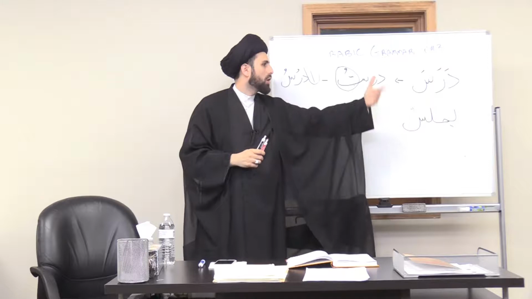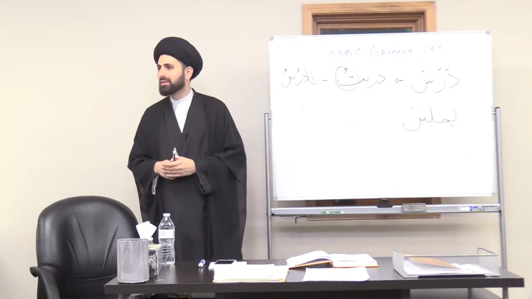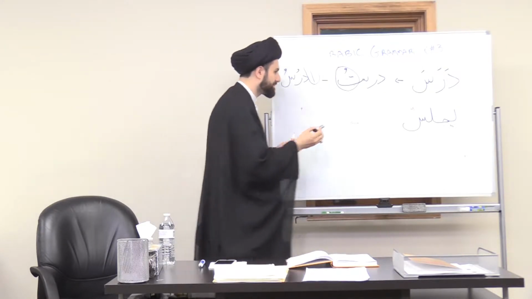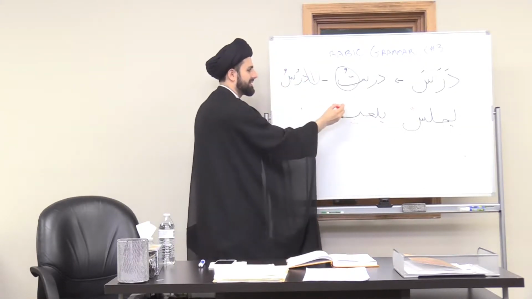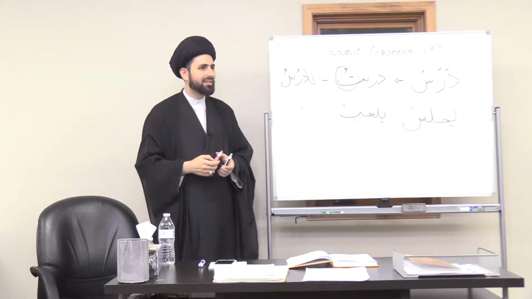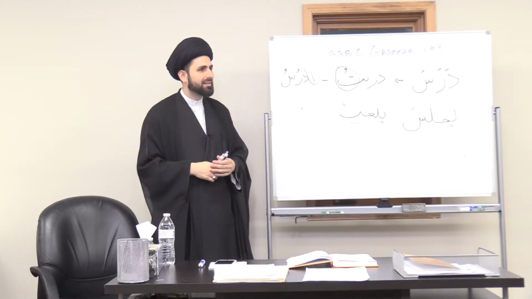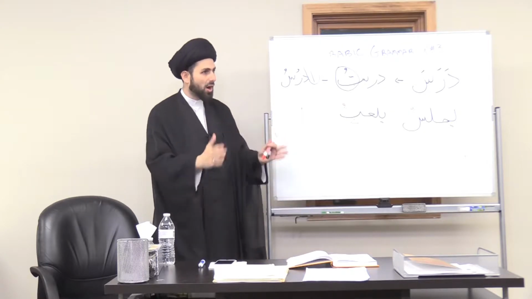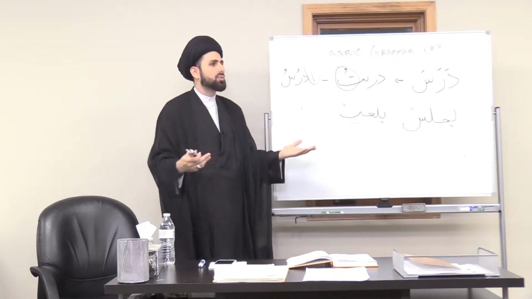We call it a small o. Give me some other fi'l al-mudari' verbs. Yal'abu. What does it end with? The dhamma. You see, fi'l al-mudari' always ends with a dhamma, in normal cases. There are some cases where this could change, but in a normal state, it ends with a dhamma.